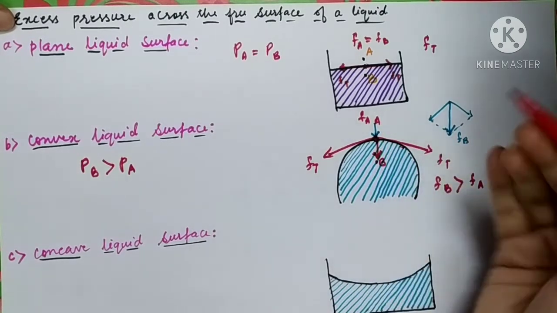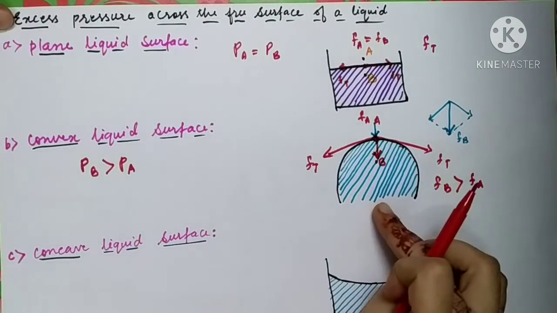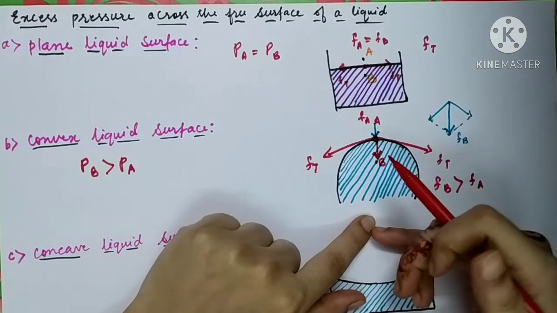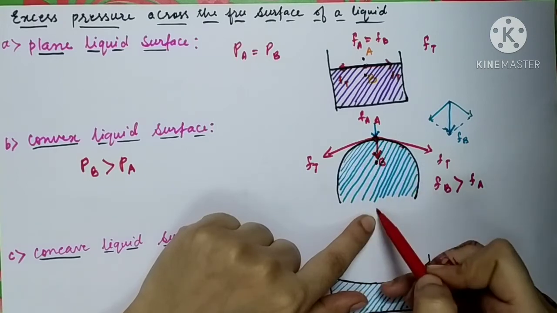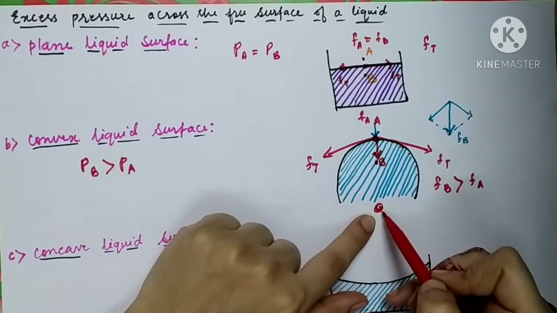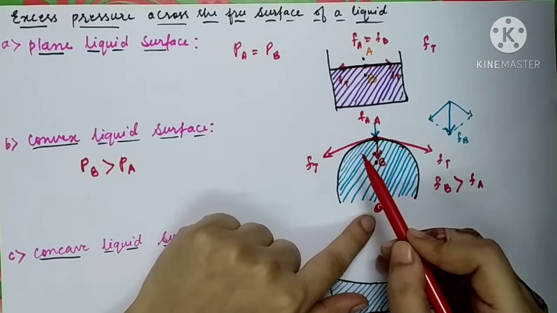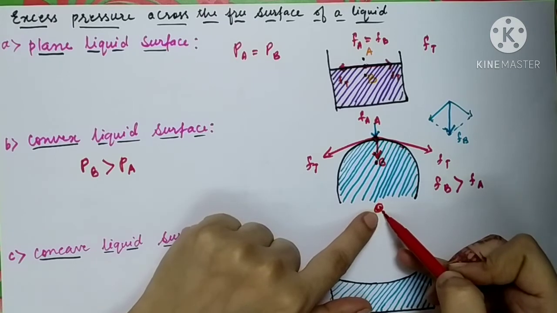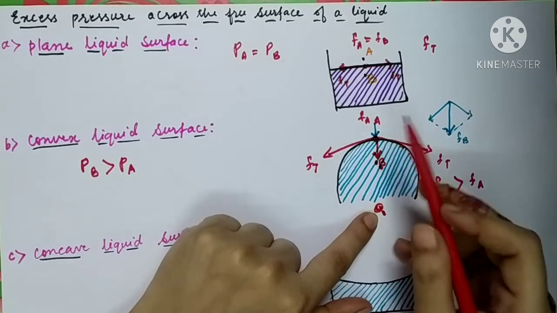Or when you observe this point B from the lower side, from this position, you are not observing it from here, you are observing it from here. So you will come to know that for you, the observer standing here, the surface of a liquid will appear concave. So you are going to say that pressure above the concave surface of a liquid is greater than the pressure below it.